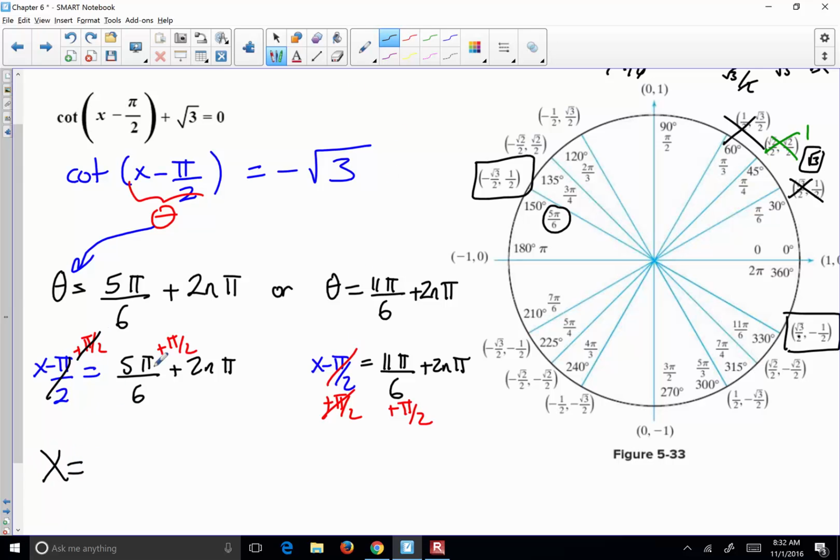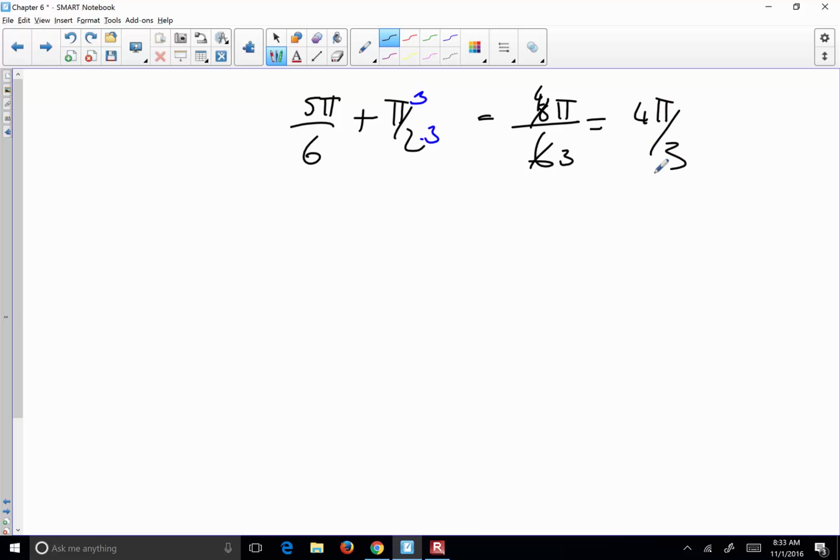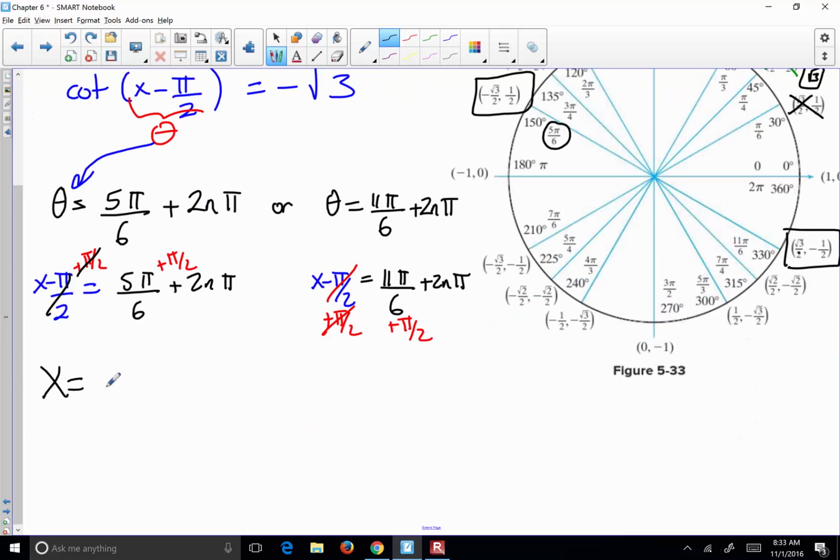X is, what is 5 pi over 6 plus pi over 2? You need to get the common denominators. Multiply by 3 and get common denominator 6. 5 pi plus 3 pi is 8 pi over 6. Reduce this, 4 over 3. 4 pi over 3 is the first one.